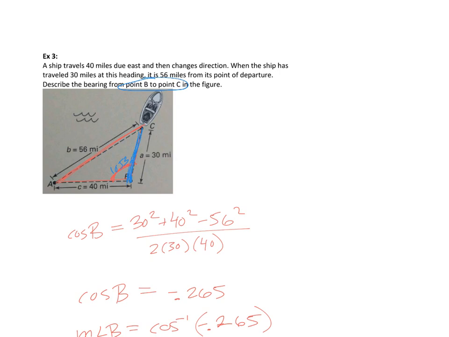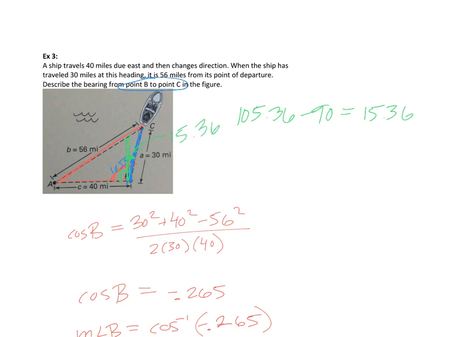So this is north. That's 90 degrees there. If I do 105.36 minus 90, I get 15.36. That little angle here is the measurement you want to use for your bearing, 15.36.